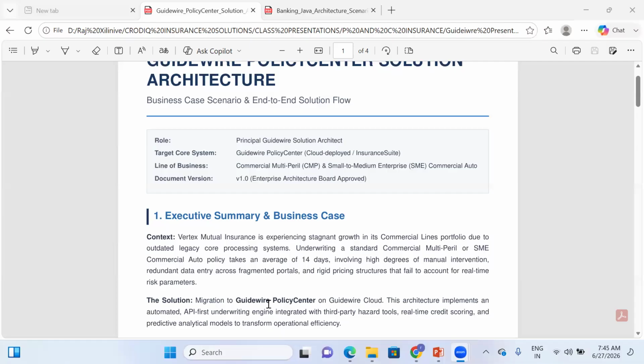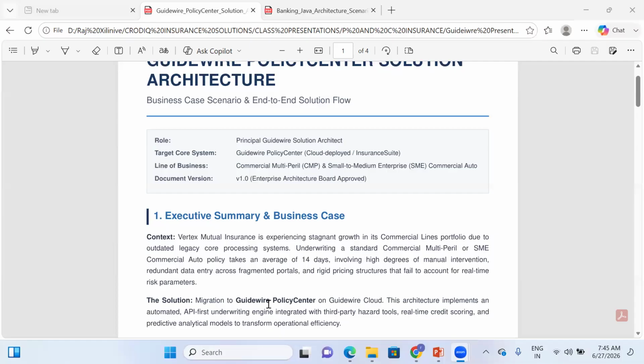So vehicle information has to be accessed, or driver information needs to be accessed, or else we may need to send the information to the underwriting team, a third-party underwriting company, or it can be a third-party rating company. It can be anything.